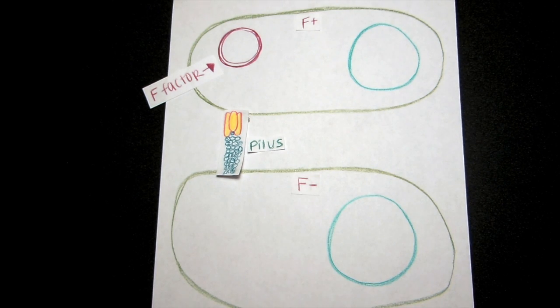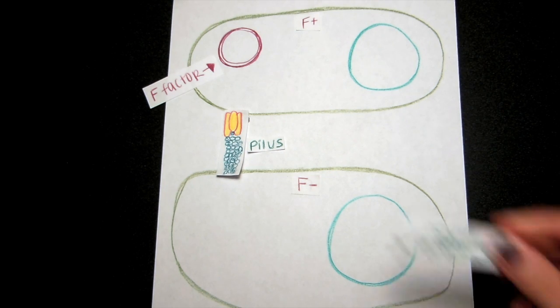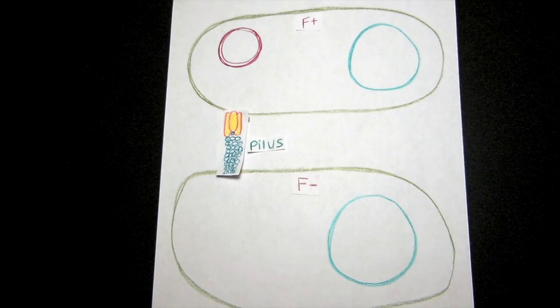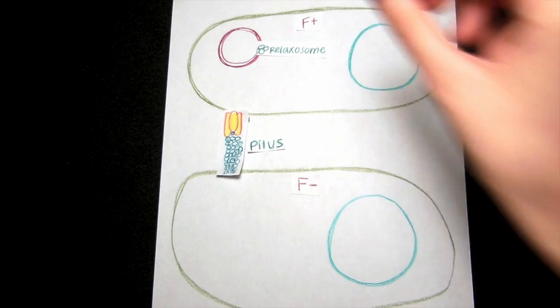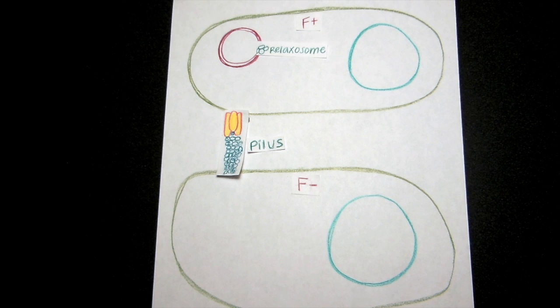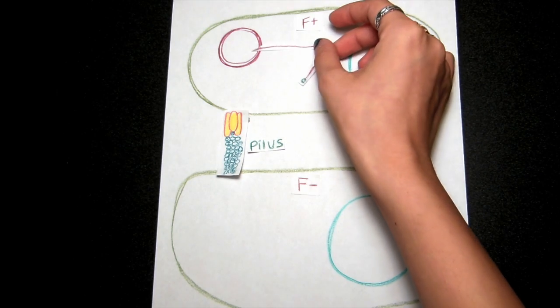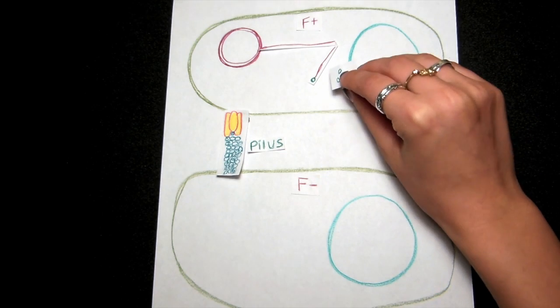F positive donor cells produce a pilus to connect with another recipient cell. To begin conjugation, the F factor is cut at a specific region called the origin of transfer by a relaxosome, a protein assembly, which then further associates with the strand to be transferred, known as tDNA strand.